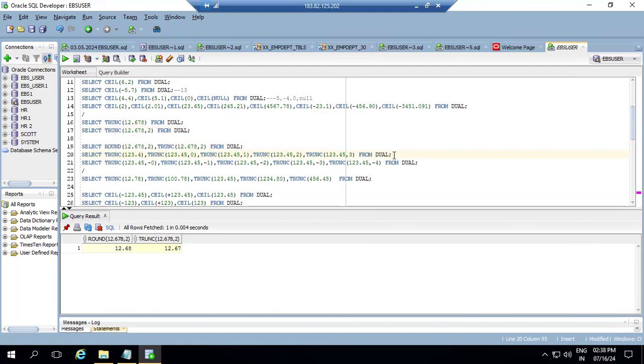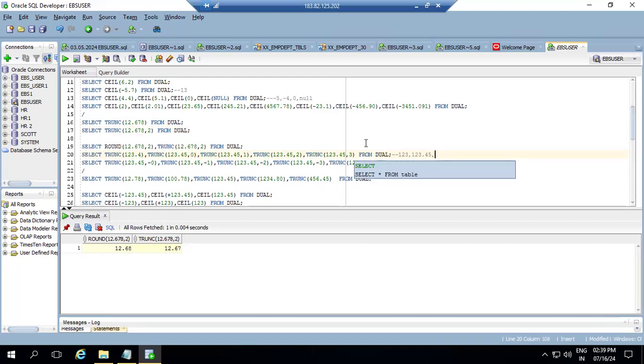123.4 for the first one. 123 for the second one. 123.45, 0 is given here, so it is 123.